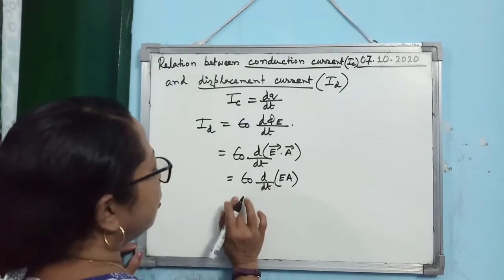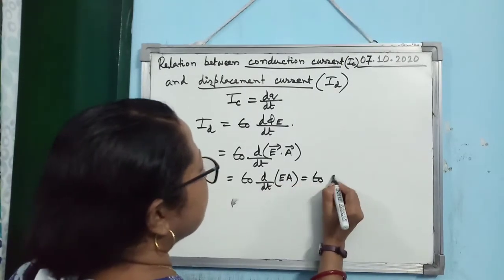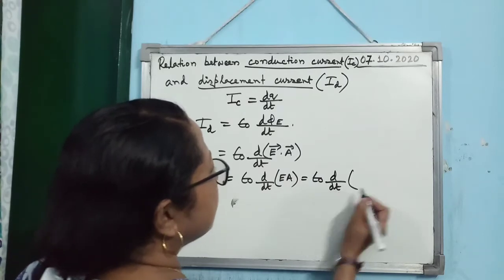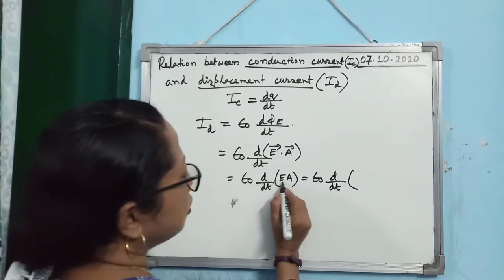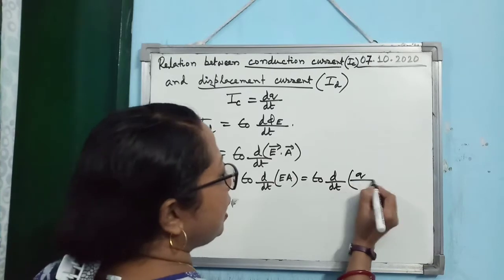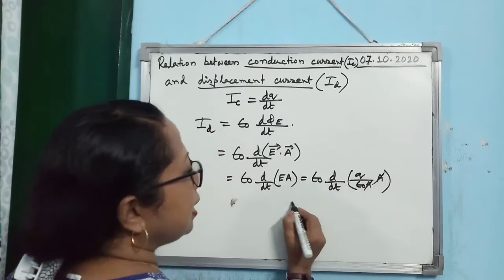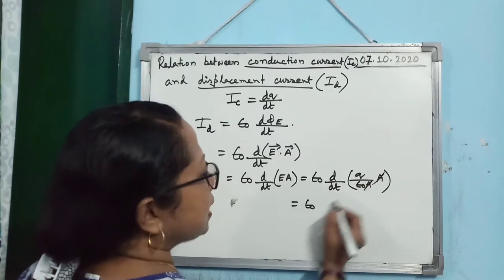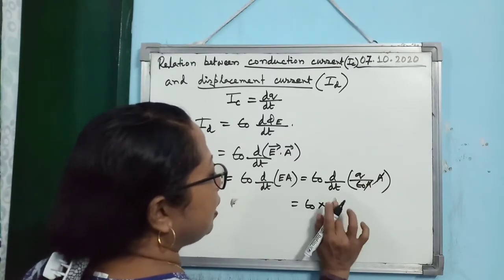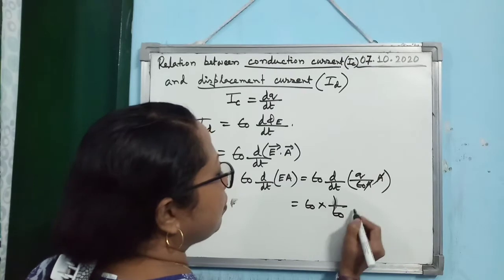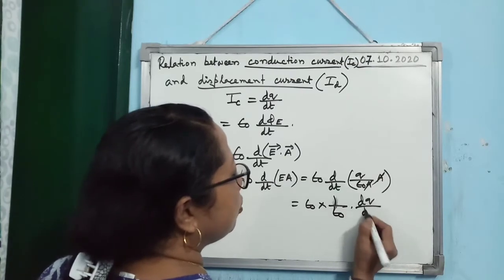Again, I am writing here, otherwise I won't be able to complete it within this board. The board is too small. So E is given by Q upon epsilon naught A, so A cancels. You can take epsilon naught outside the derivative, so it becomes 1 by epsilon naught, then dq dt.